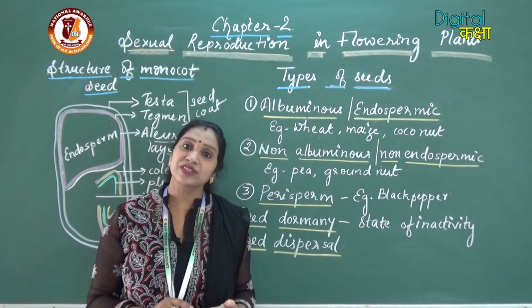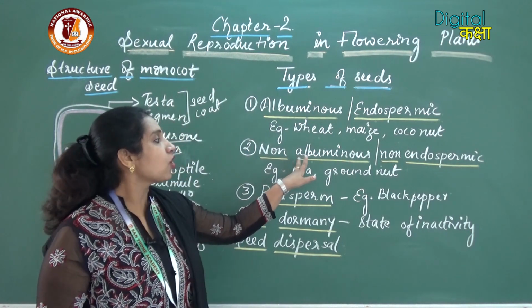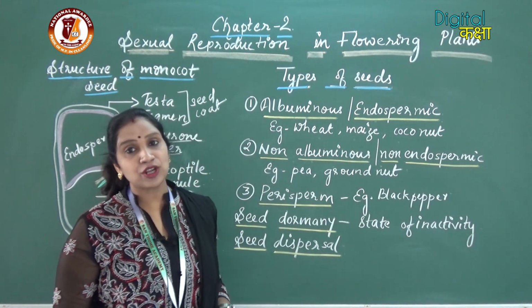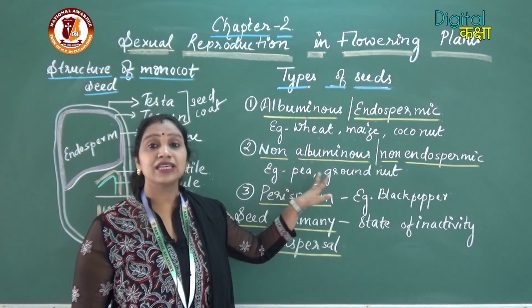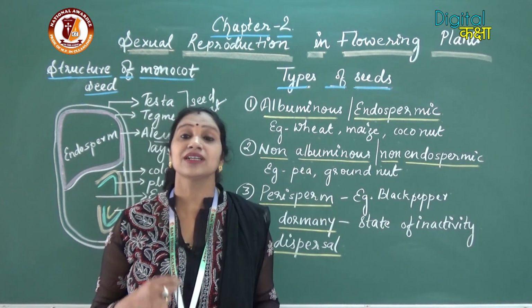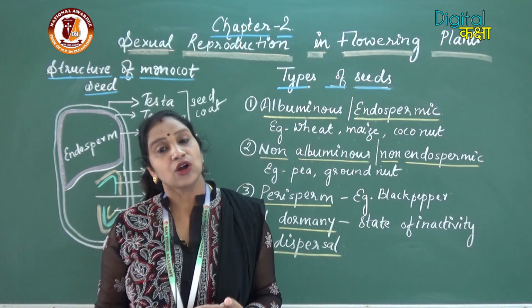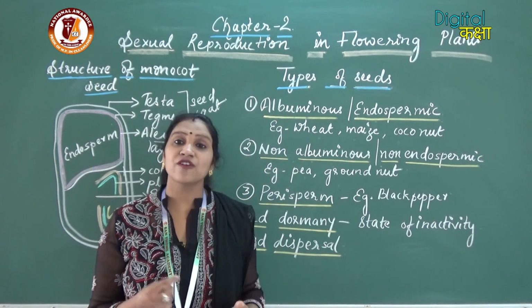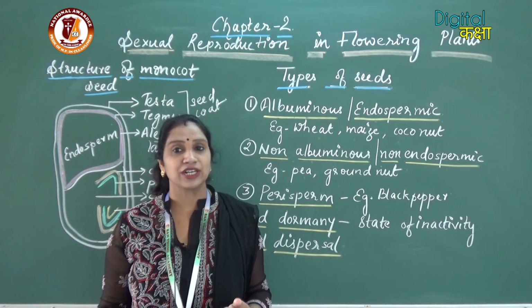Such seeds are called non-albuminous or non-endospermic seeds. Examples are pea and groundnut, in which the complete endosperm is consumed by the embryo. So these were the two types on the basis of presence or absence of endosperm.